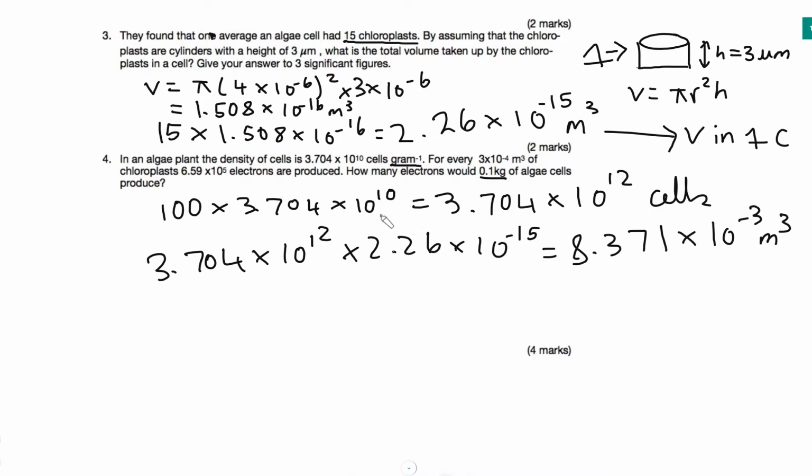But the next part is the ratio. In the question, it's given us a ratio of volume to electrons. Volume is given as 3 times 10 to the minus 4, and electrons is given as 6.59 times 10 to the 5. So we work out a normal ratio.